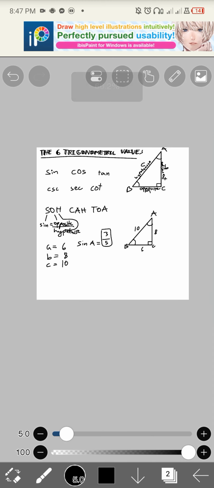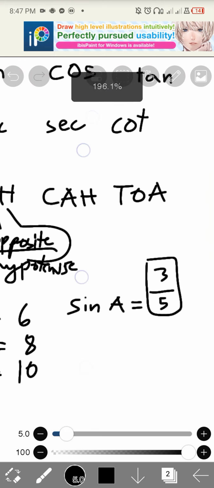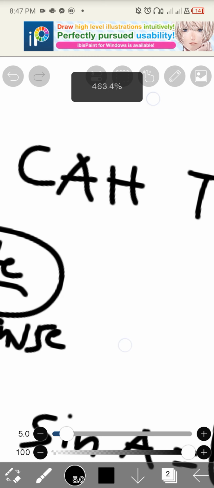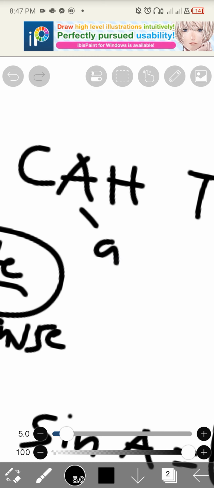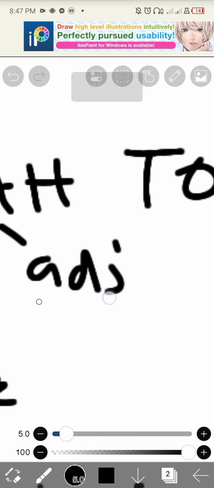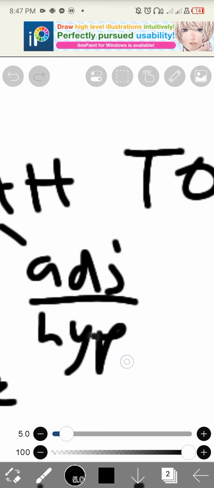Now next is cosine. Cosine is adjacent over hypotenuse.